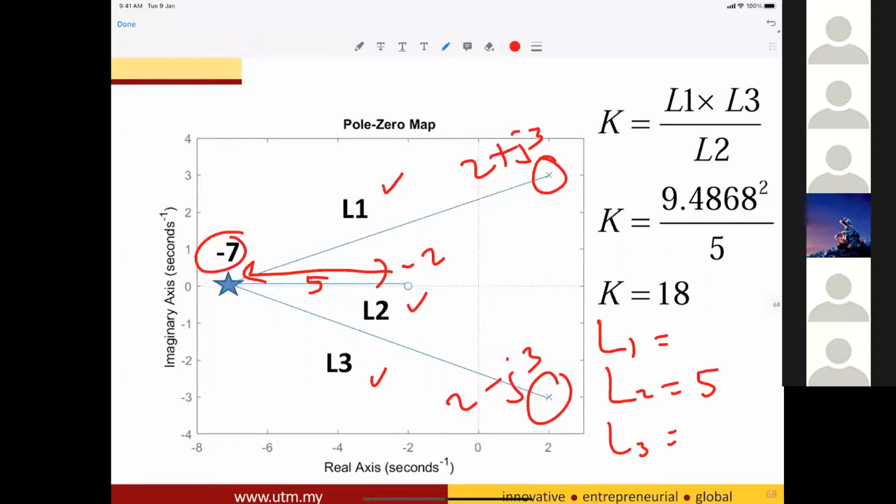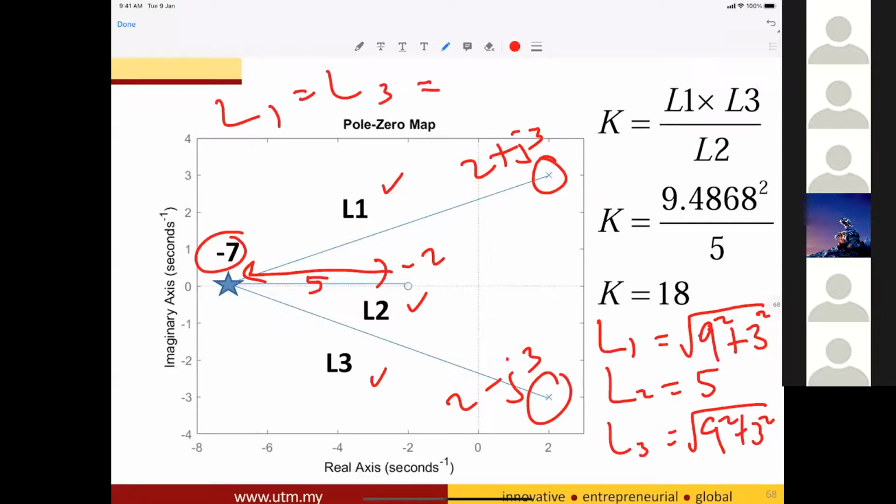Okay. Then length 1. What is the length L1? It is the square root of 9 squared plus 3 squared. This one is also the same, so L1 and L3 are the same.